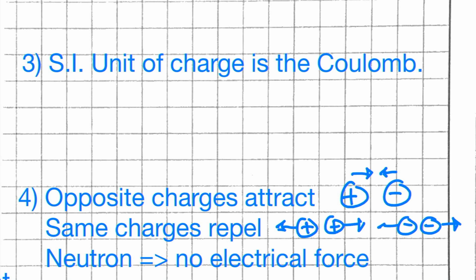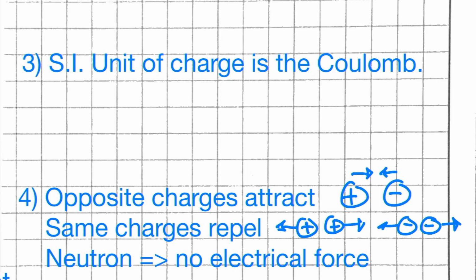They are going to get repelled. A neutron is going to experience no electrical force. However, neutral objects can experience electrical forces through polarization, which we'll talk about later. So don't get neutrons, which don't experience force, confused with neutral objects, which could experience an electrical force.